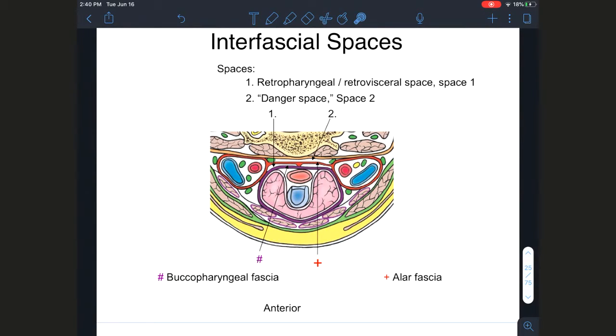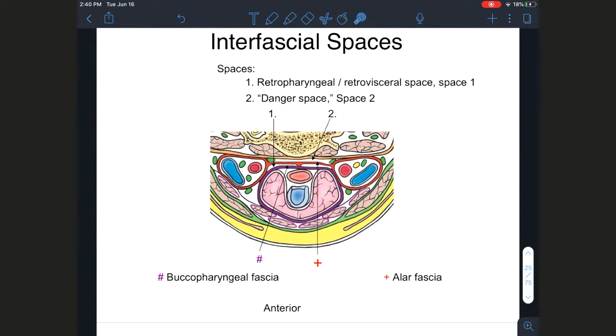So if we look at this picture, there's two spaces within those fascial layers. If you look at that one area outside of your carotid sheath and that tracheal layer there, that's going to be your retropharyngeal or retrovisceral space. And two is going to be your danger space between that prevertebral and that common carotid area right there.